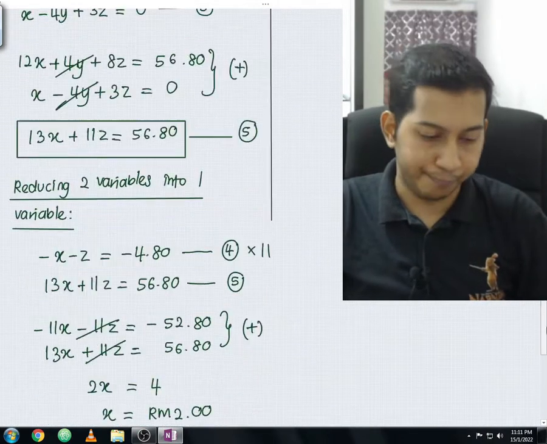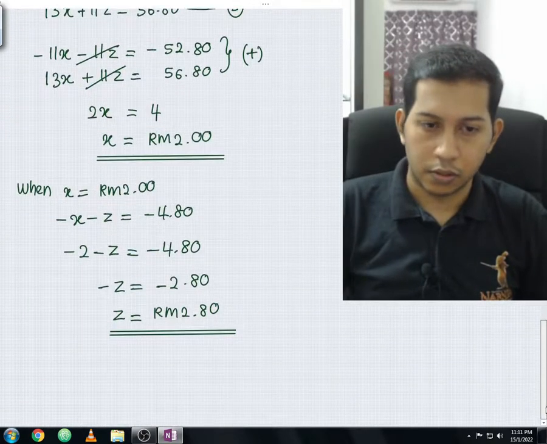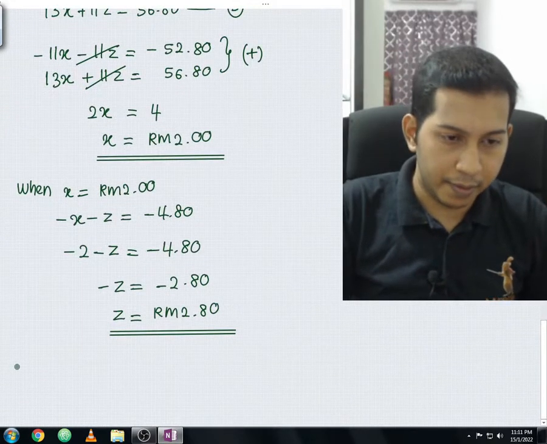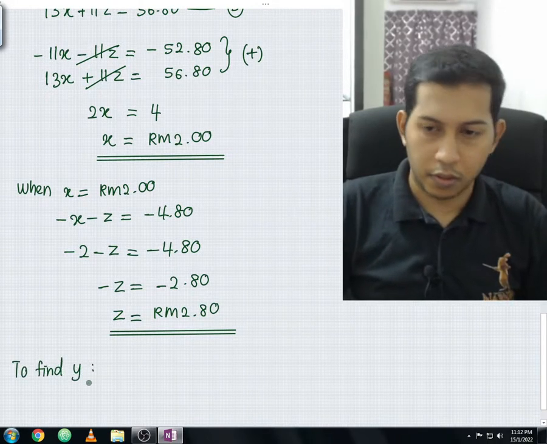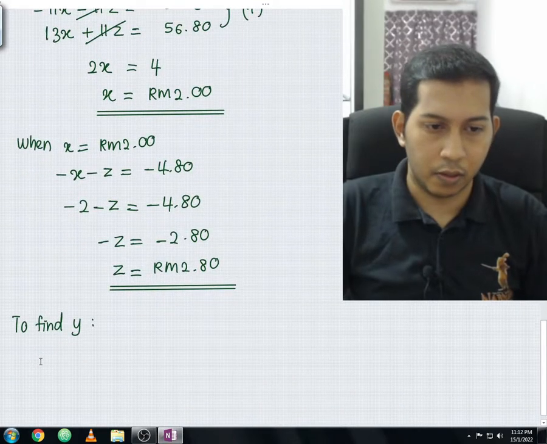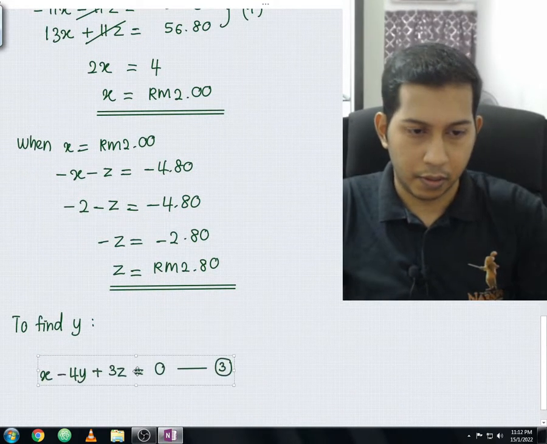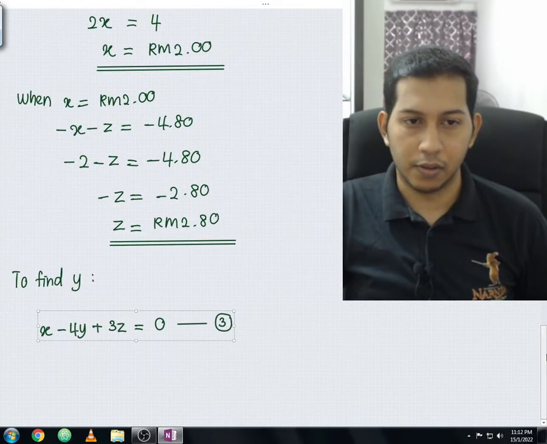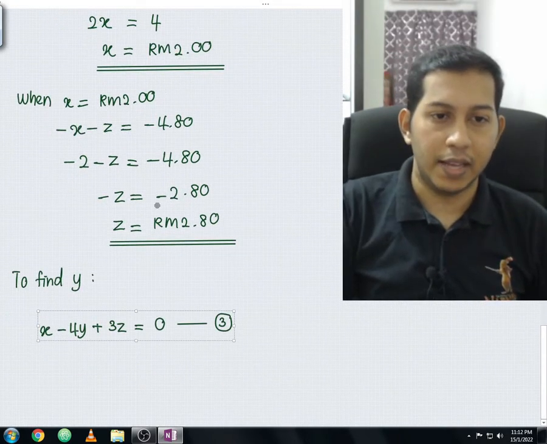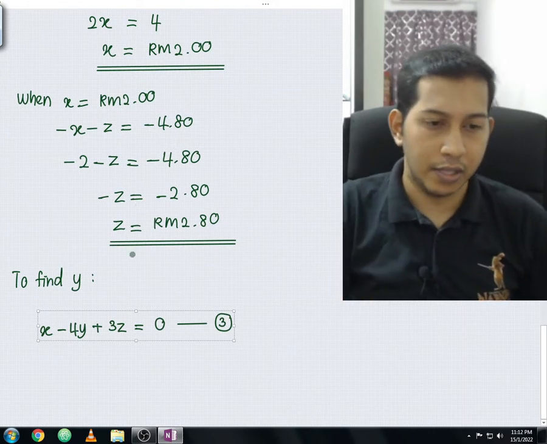So to find y, let me just copy the equation here. x minus 4y plus 3z equals 0. The values that we obtained, x and z, you substitute into the equation.